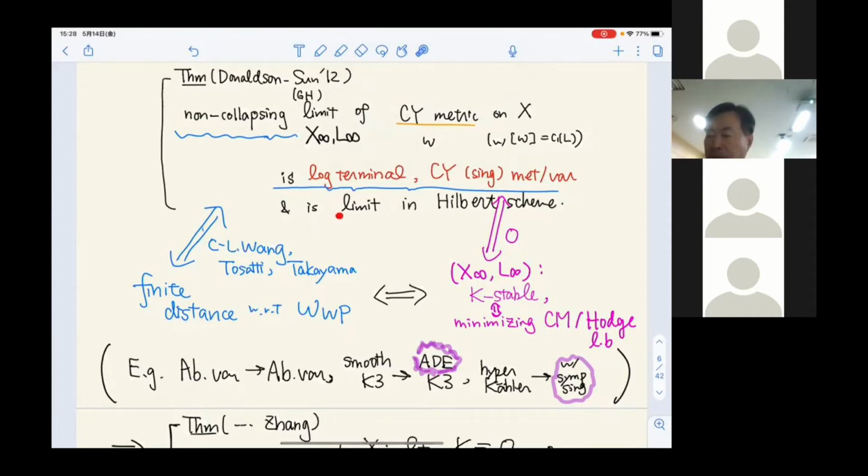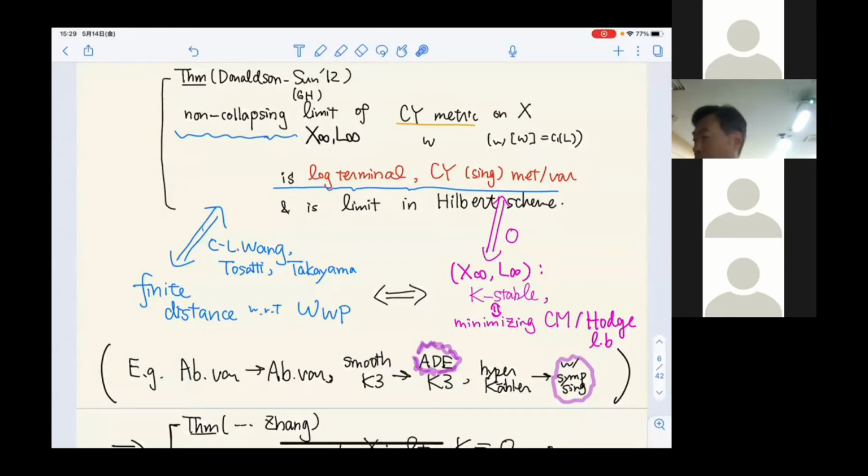And in particular, this is a limit of the Hilbert scheme. Yeah, so the non-collapsing limits should be Calabi-Yau varieties with log terminal singularity and with a Calabi-Yau metric, which means Ricci is 0. Yeah, so they proved everything in this paper.